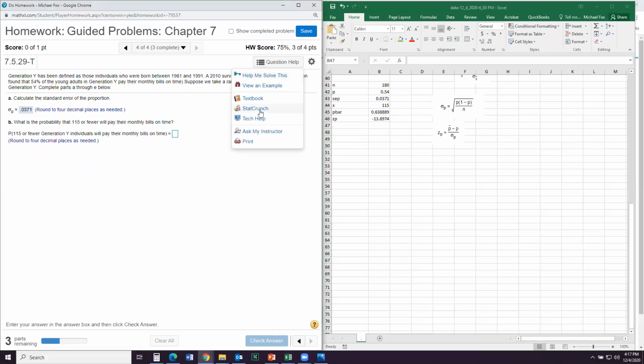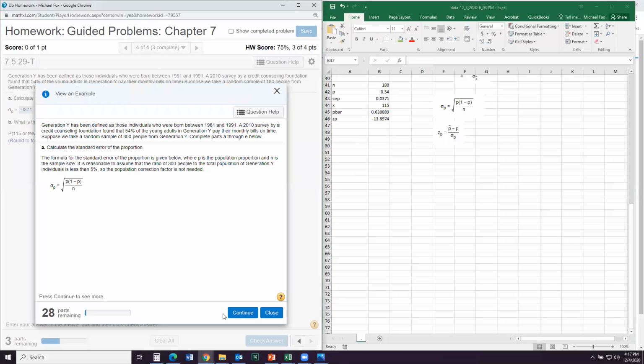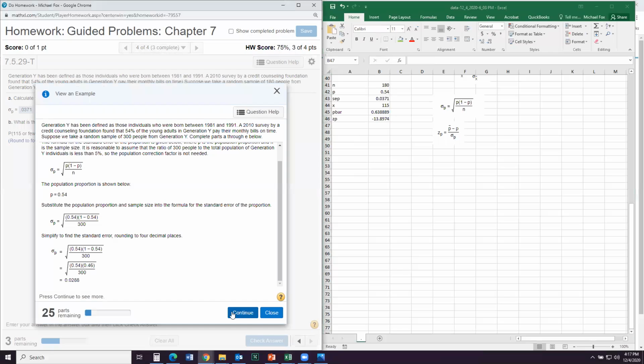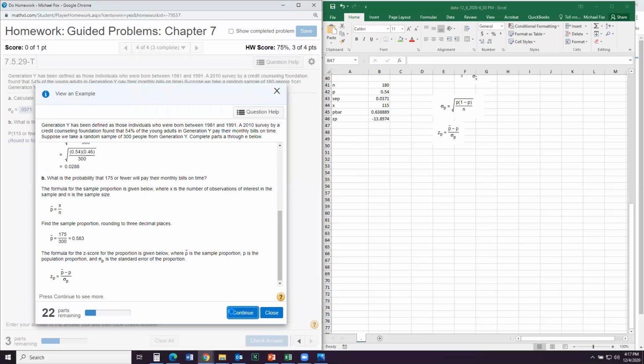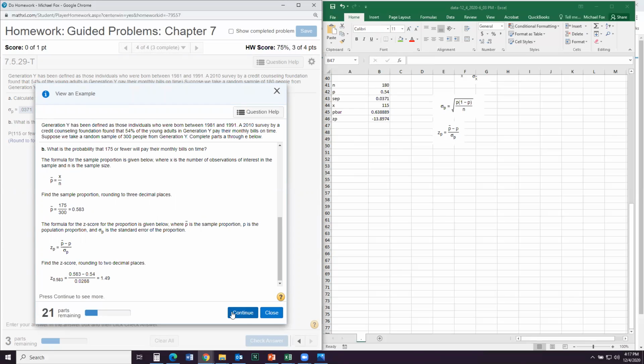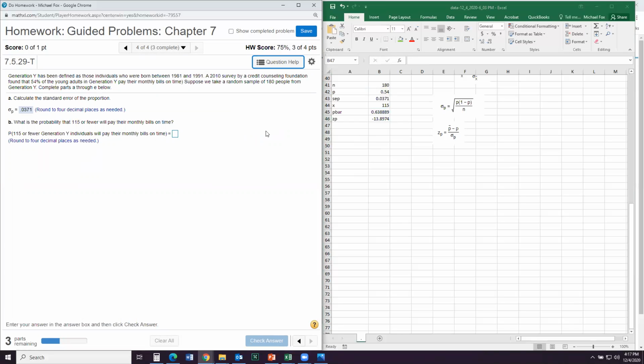I'm going to look at that again. Doesn't that seem really high? Oh, that's how we do it though. So P bar minus P. So maybe we just have a really crazy high one. I guess we'll just see.